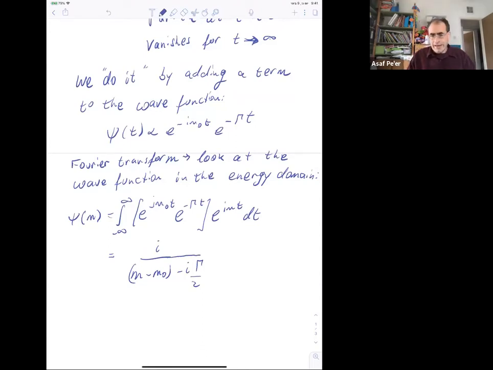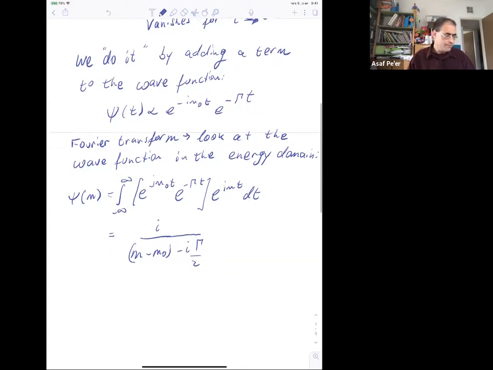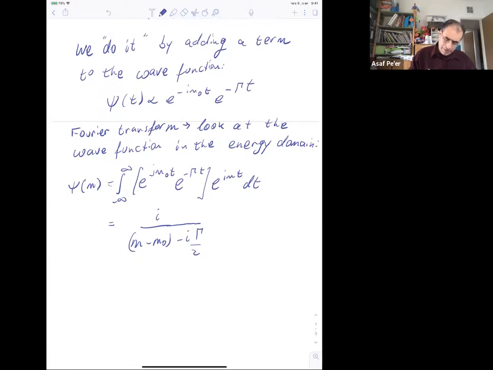So what we really get is the mass distribution of the decaying particle. That reflects the probability of measuring the particle with a mass m. So you should write it down because that's important.